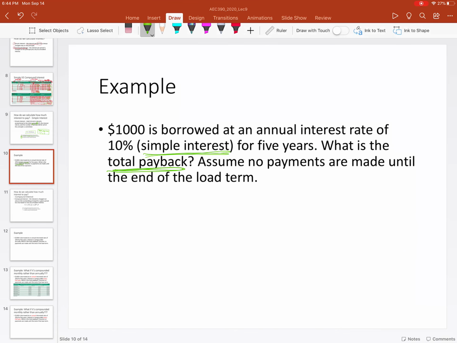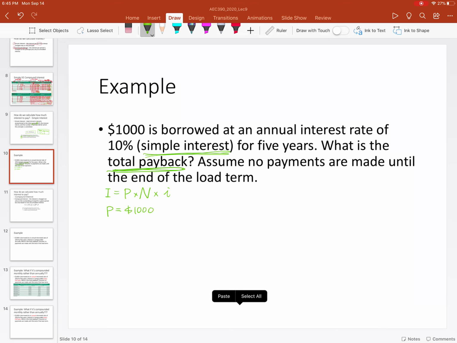Okay? So I is P, the initial amount you borrow, times N, the number of periods, times the interest rate. And based on this given condition, we know P is what?